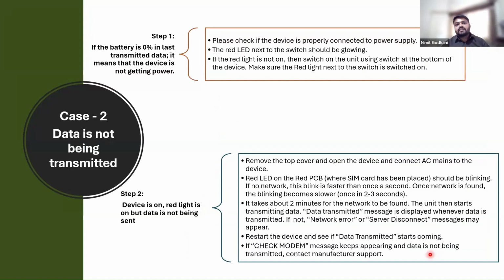If data is not being transmitted, we check the battery. We also transmit the battery percentage in the logs of each and every reading. So if the battery is 0% in the last transmitted data, it means the device is not getting power.